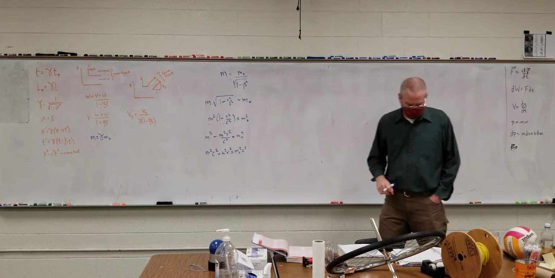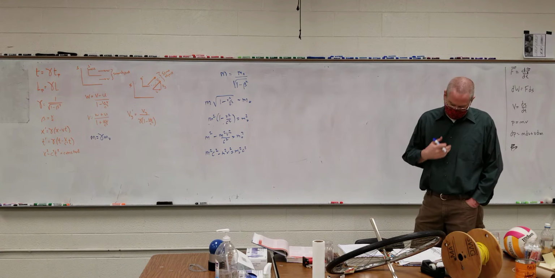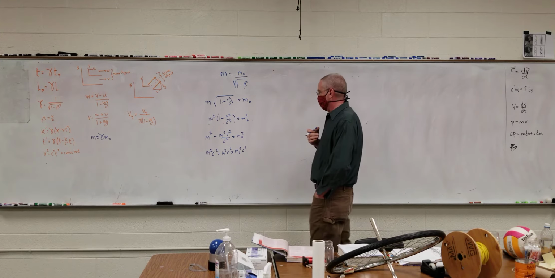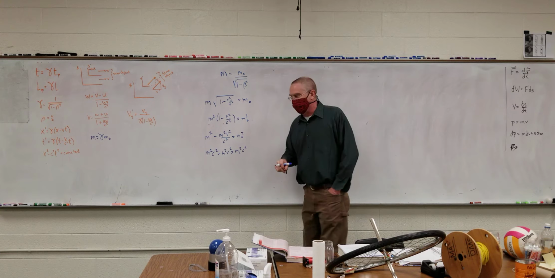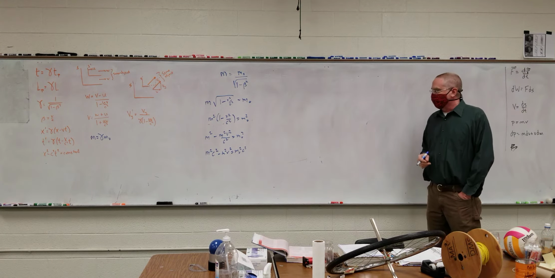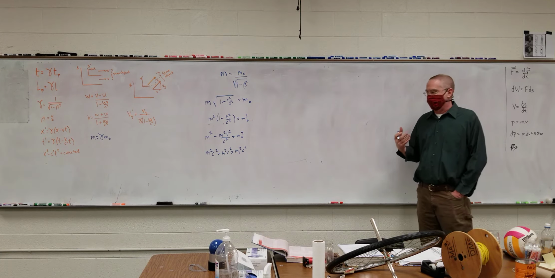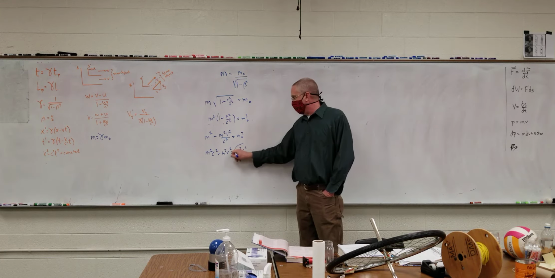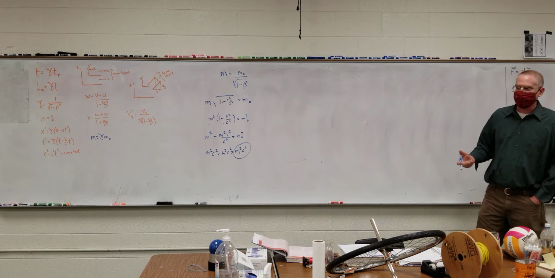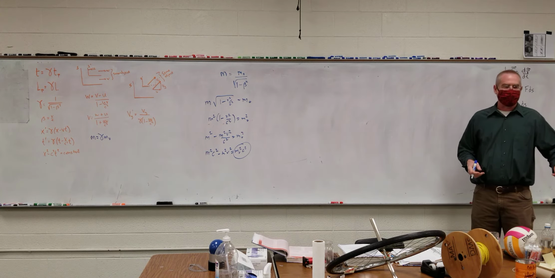Now, let's go on to some pieces here. All right, so I have that there. I want to do a derivative now, with respect to whatever. Recognize that over here on the right side, that's a constant. M sub naught's the rest mass. If I have an object, the rest mass is not changing.